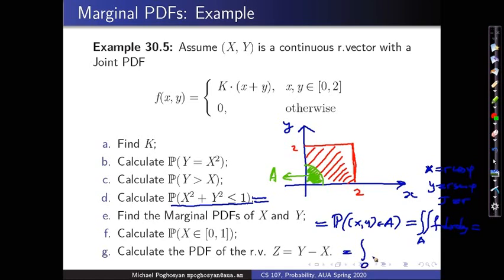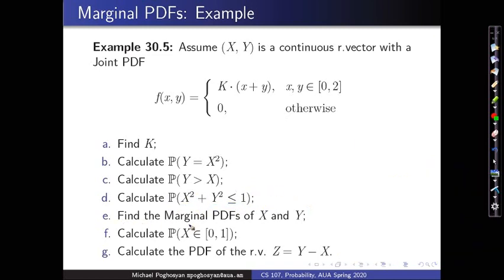So r is changing from 0 to 1 dr, and for each r, phi is changing from 0 to pi over 2. My function was k times x, which is r cosine phi, plus r sine phi, this is y, times r, the Jacobian, and I need to integrate with respect to phi, d phi. The value of this integral will give the probability.